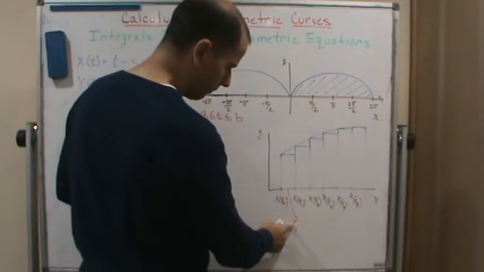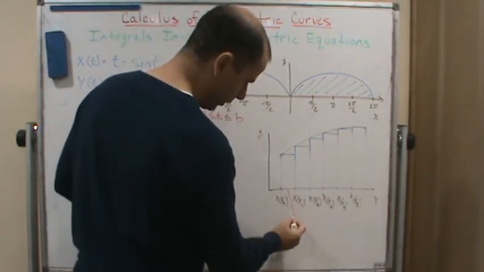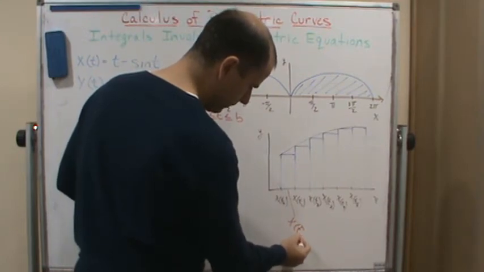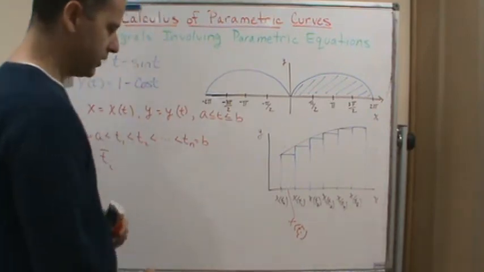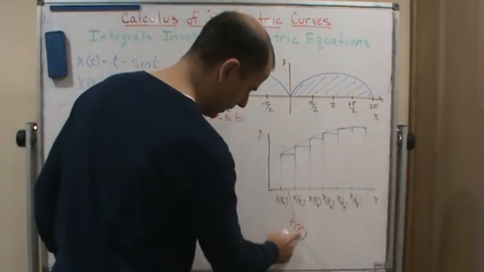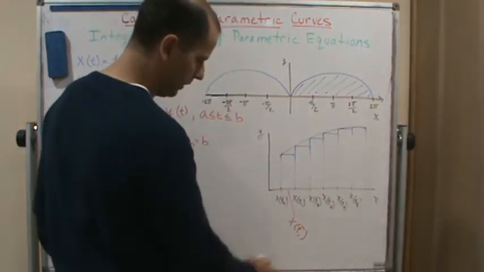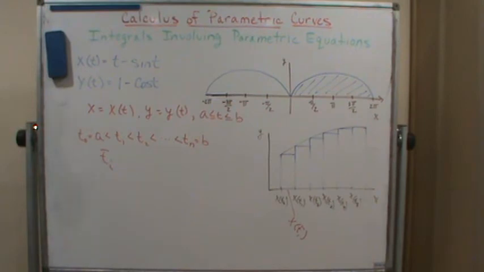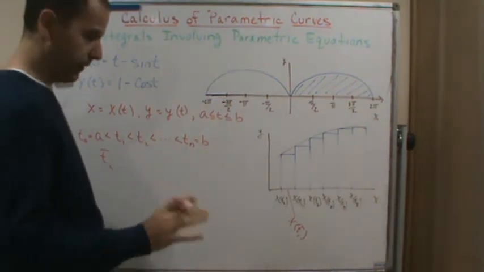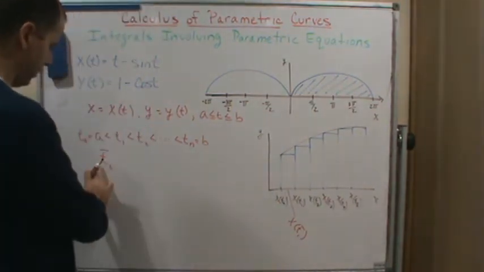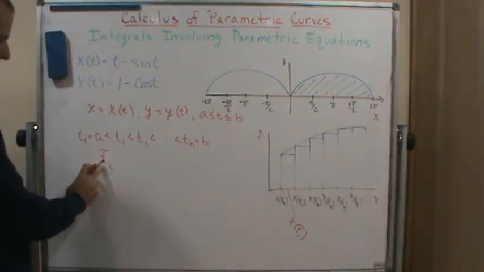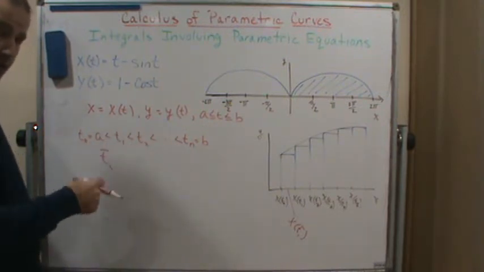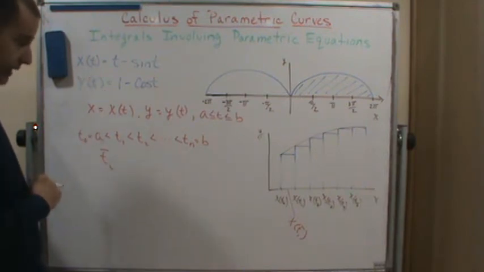So we're going to use x of t bar sub i for each subinterval. For this one it would be t bar sub 1, then t bar sub 2, all the way to t bar sub n. Again, just to clarify, all I'm using is some t value within each subinterval.